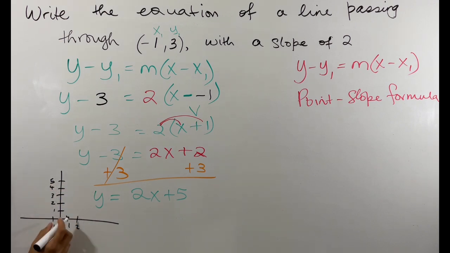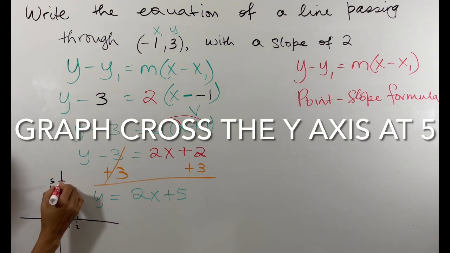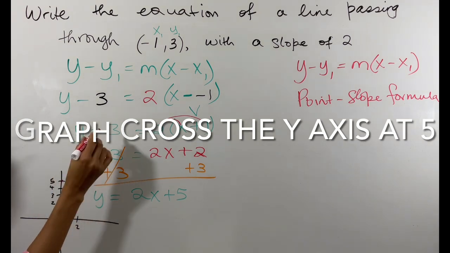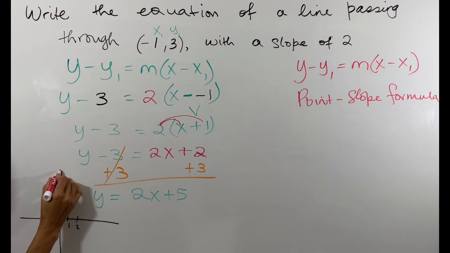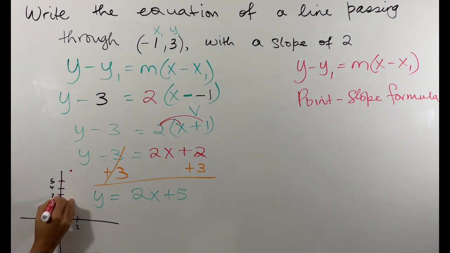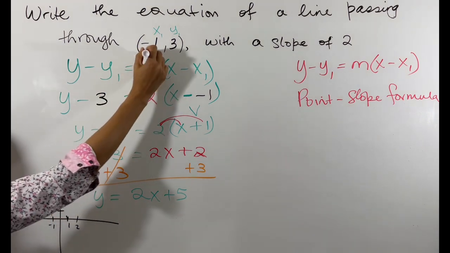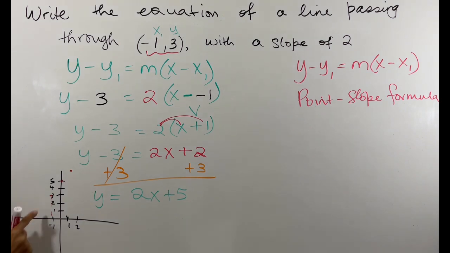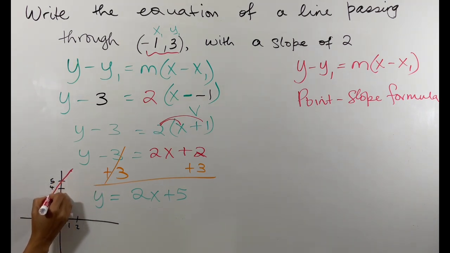This is 5. Across the y-axis is 5. Slope is 2. It's a positive slope, so you can go up 2, which would be to 7 and over 1, or down 2 and to the left 1, which would be at the point -1, 3, which takes us back to the point that's given to you there. And you can draw your line here. This is what your graph is going to look like. Okay, it's going through the point -1, 3.